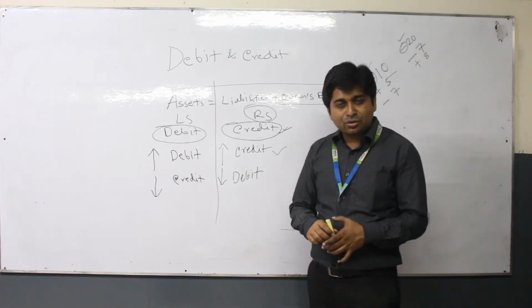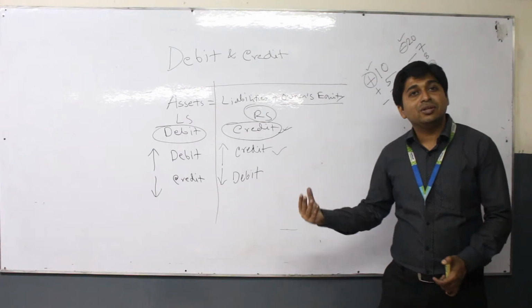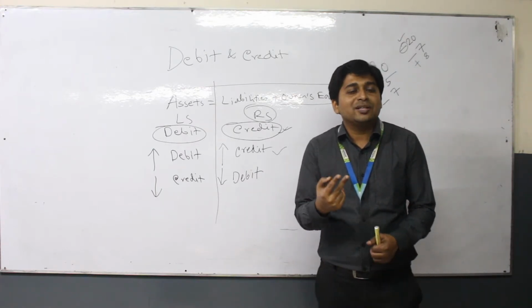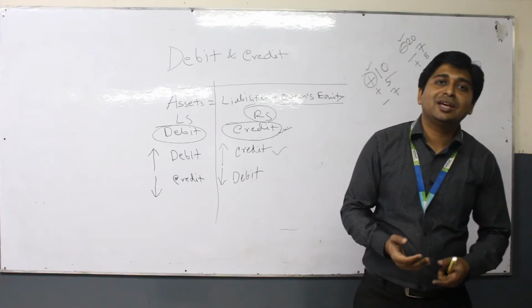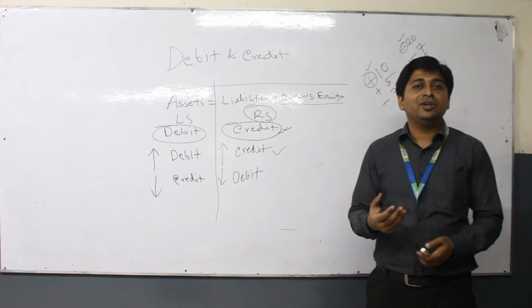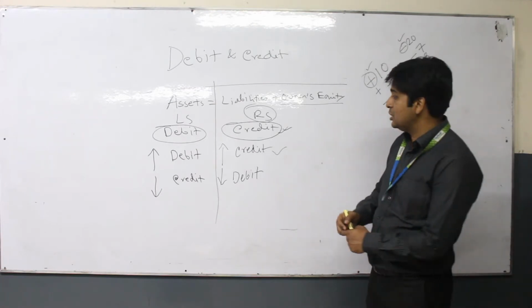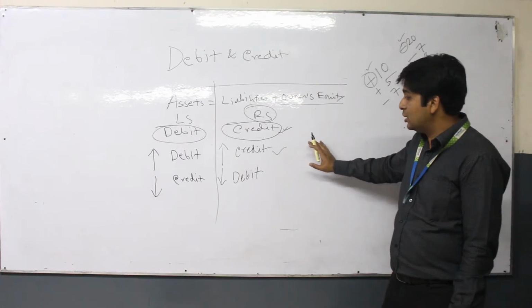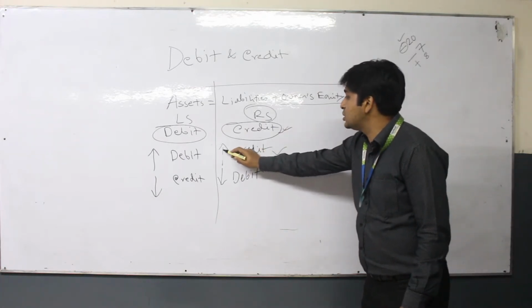In the last class we already discussed that owner's equity can be changed in 4 ways. In 2 ways it can be increased, in 2 ways it can be decreased. Capital and revenue increase the owner's equity. So when capital and revenue occur, that will increase the owner's equity.